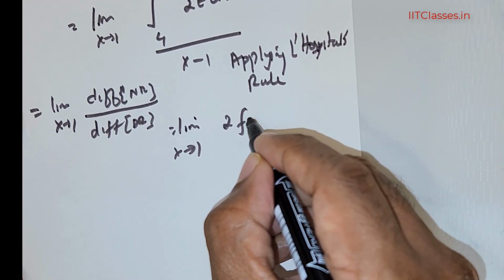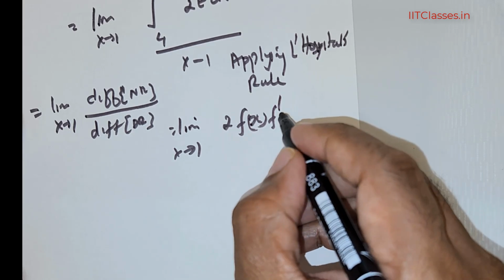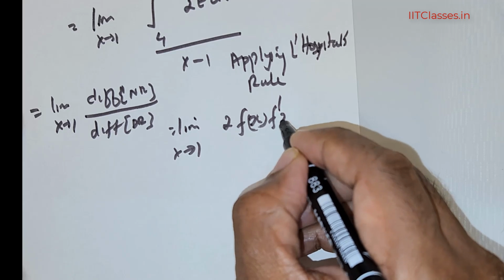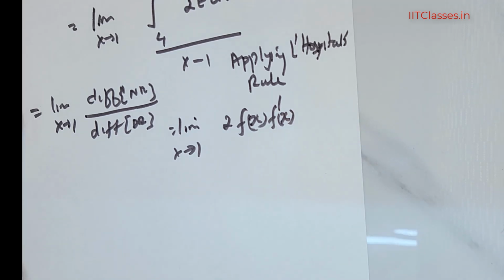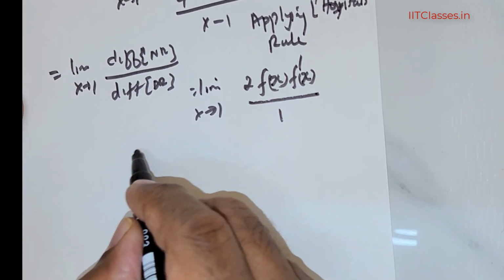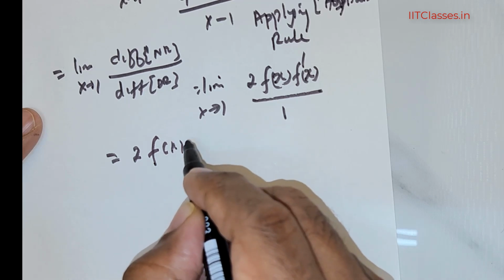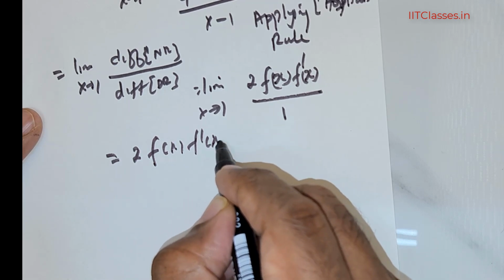So 2 times f of x times the differentiation of f of x, that's going to be f dash of x, divided by the differentiation of x, which gives me 1. So this is equal to 2 times f of x times f dash of x.